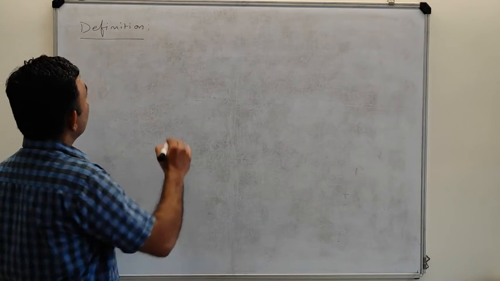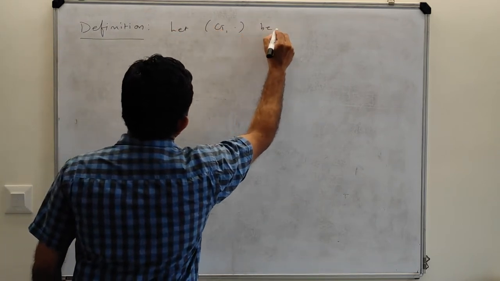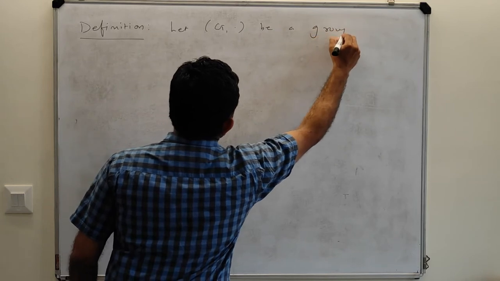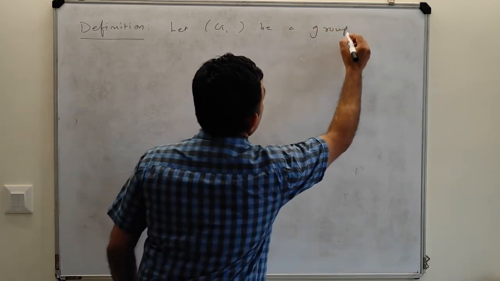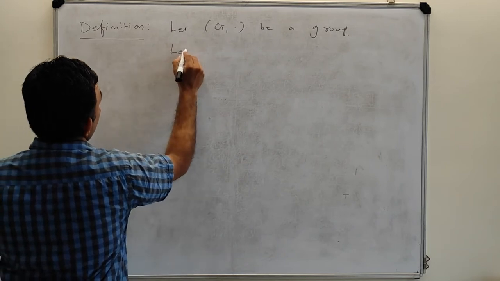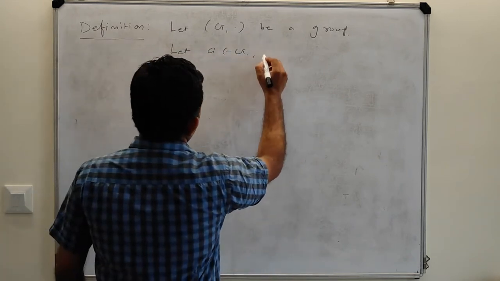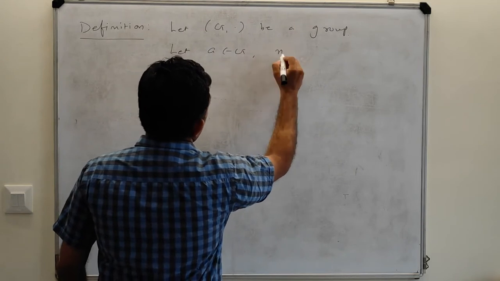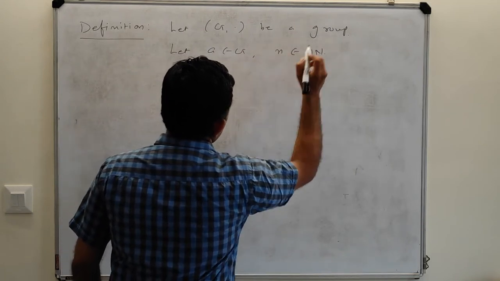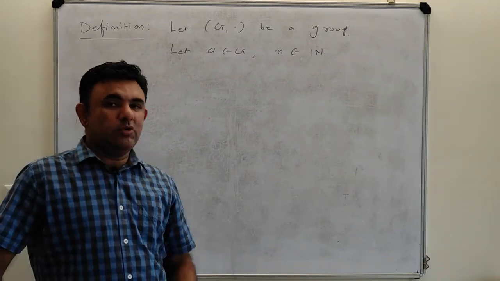Definition. Let G be a group. Let a belong to G and n belong to N, a positive integer.